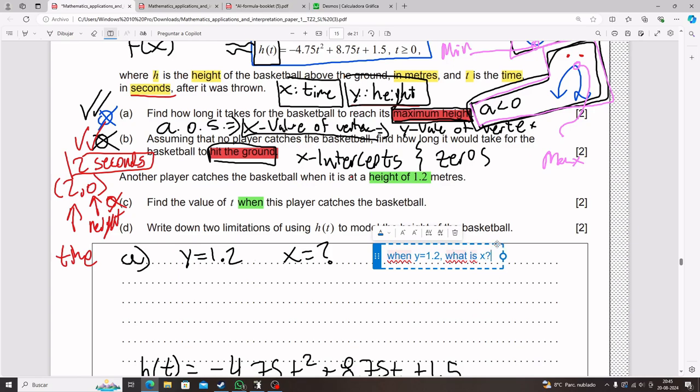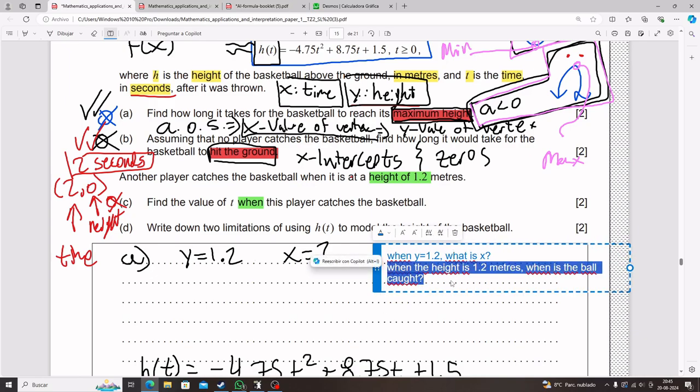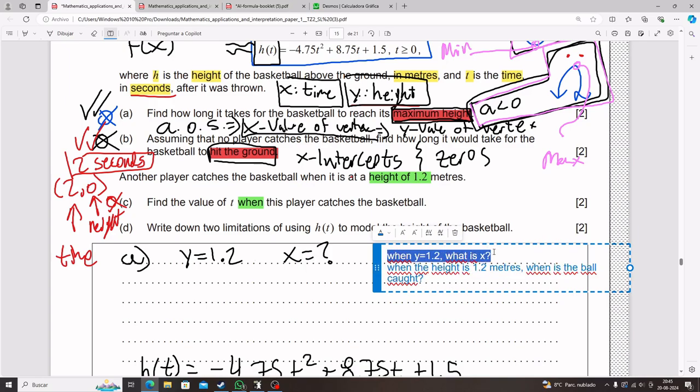It's not that hard. The thing is, it's kind of disguised because, in terms of context, it's saying when the height is 1.2 meters, when is the ball caught? And so this is a very tricky way that the IB tries to ask you, quite basically, when y equals 1.2, what is x?